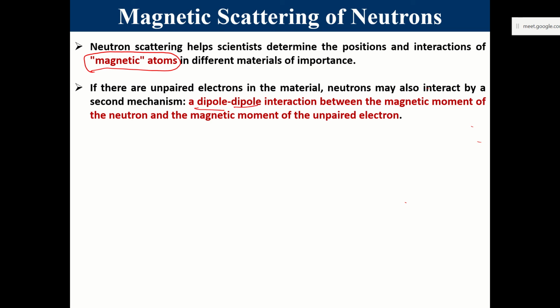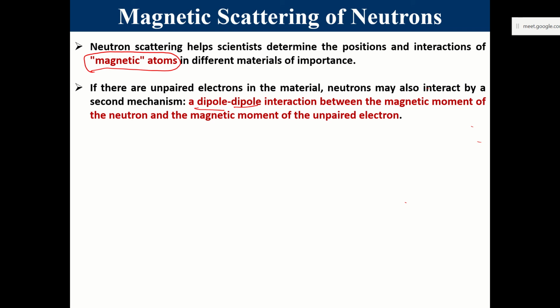Imagine the electron as one magnet. So treat the electron as a magnet, and the neutron as another magnet, with a north-south direction. So we are visualizing them as tiny magnets. If there is an unpaired electron, then this interaction will happen.